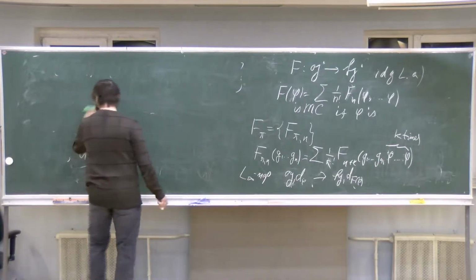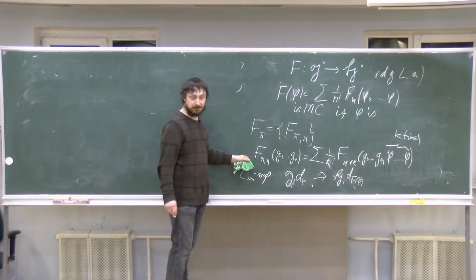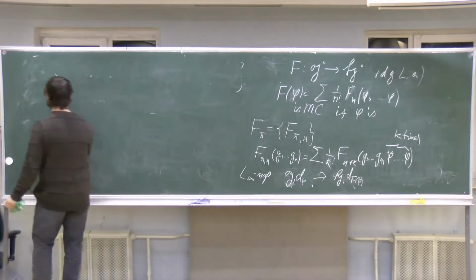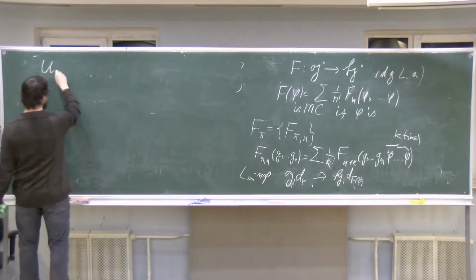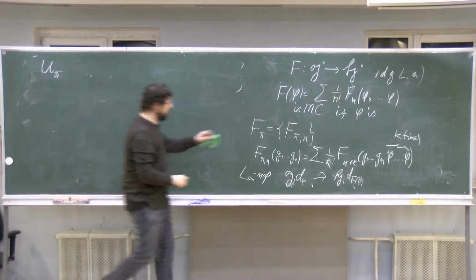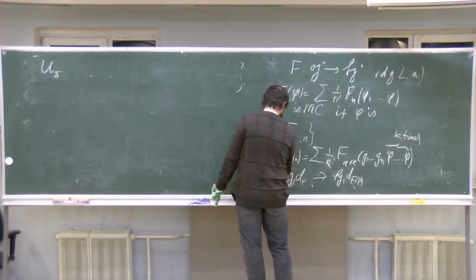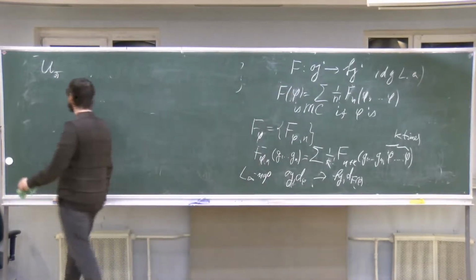And now you can use this observation. Kontsevich calls this the tangent map associated with the L infinity map. And it gives you the following result. If you take this tangent map, U sub pi, this also should be U sub phi, so F sub phi. I'm sorry for this, there are too many repetitions.